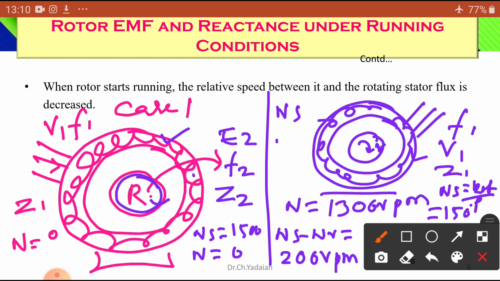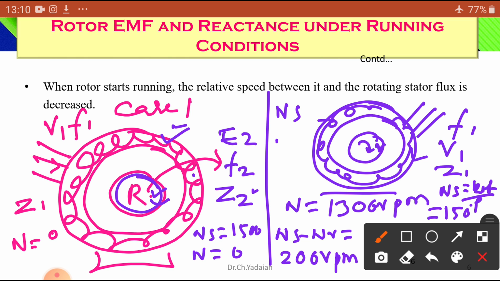The relative speed is 1500 minus 0, that is 1500, between the rotor conductors and the synchronous rotating magnetic field. So that's why the induced EMF in the rotor conductors is a maximum. The frequency is also equal to the stator frequency. The reactance and impedance values also increase here.